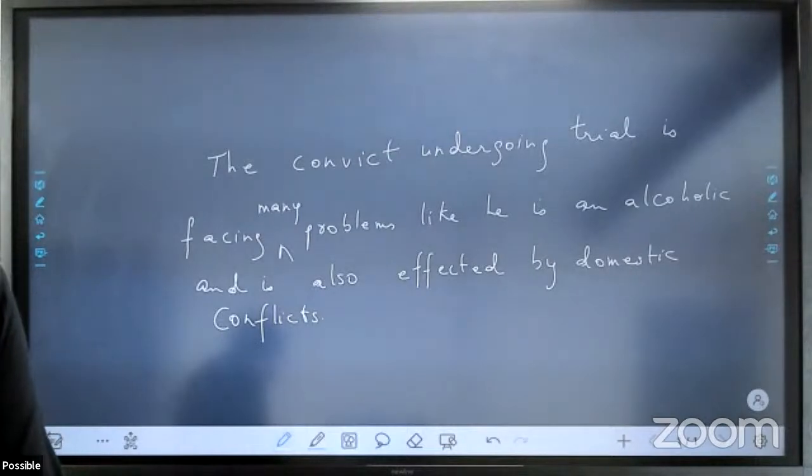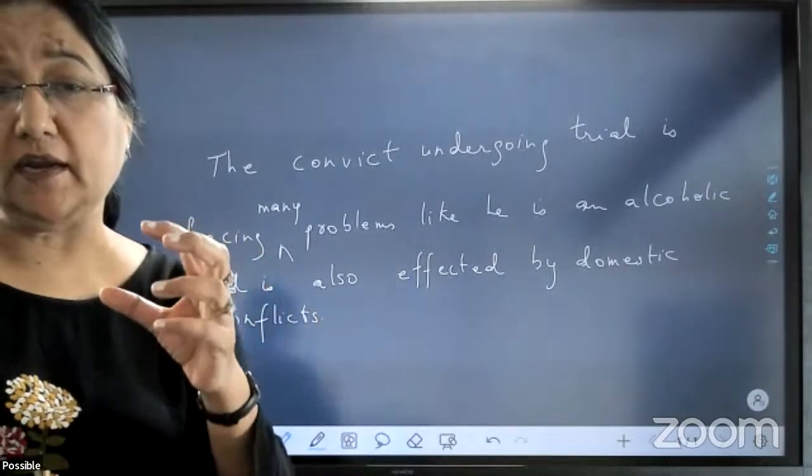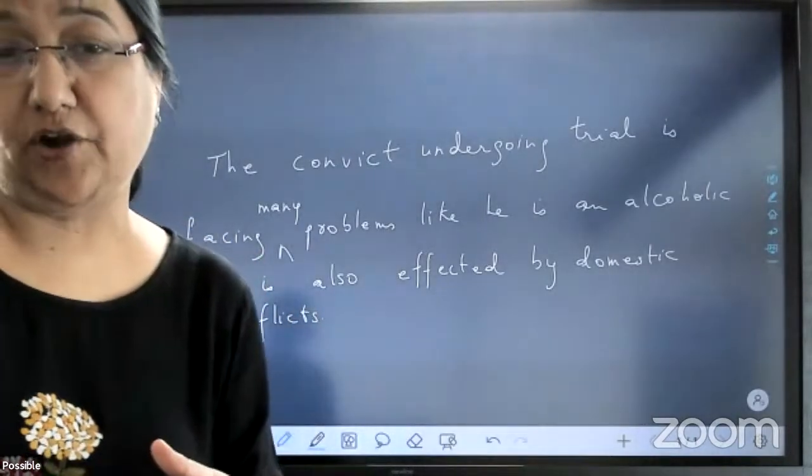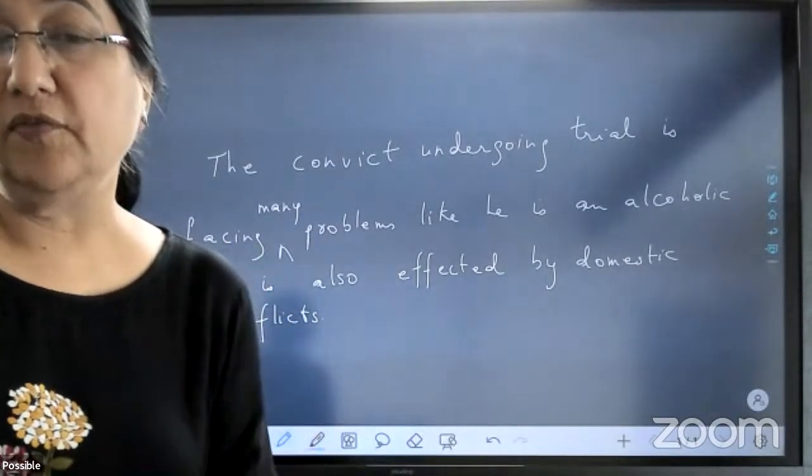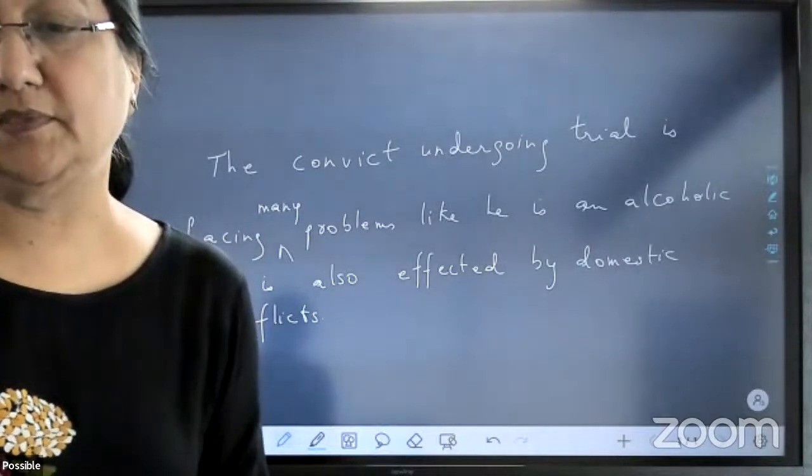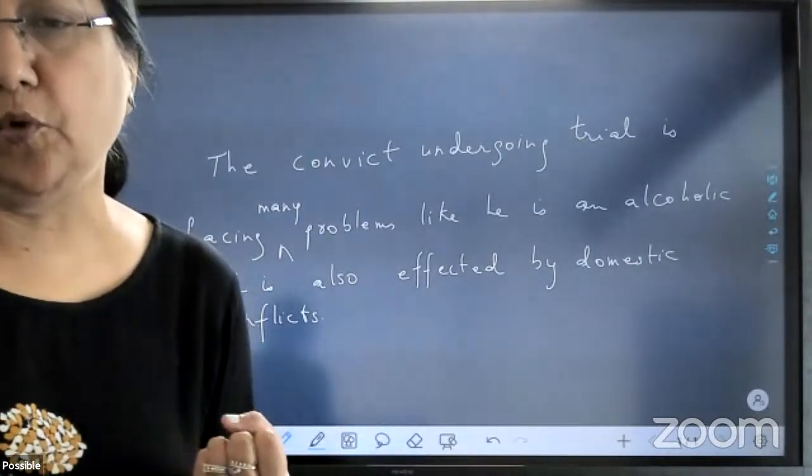Can you see the subordinate ideas, like the problems described? But the convict facing many problems is the crux of the whole paragraph.